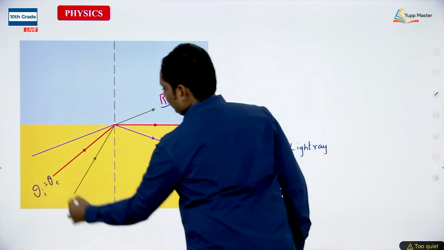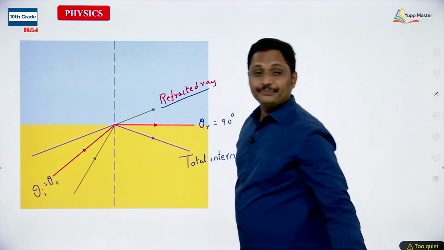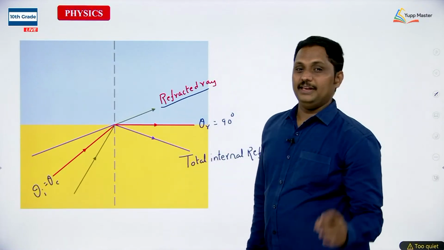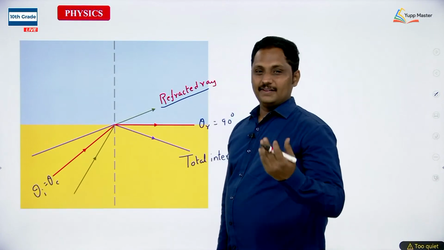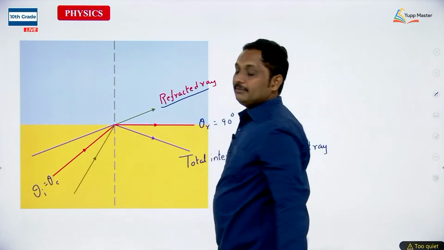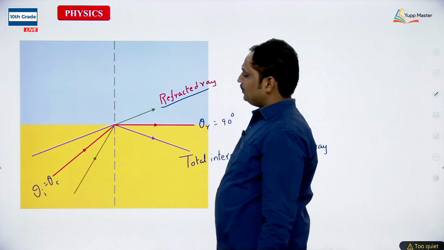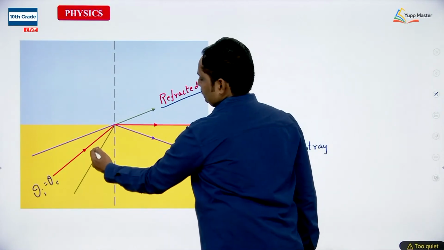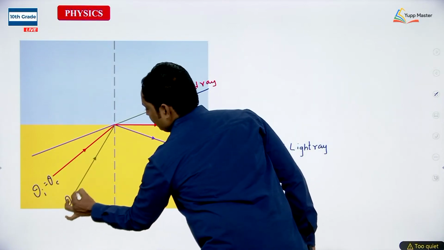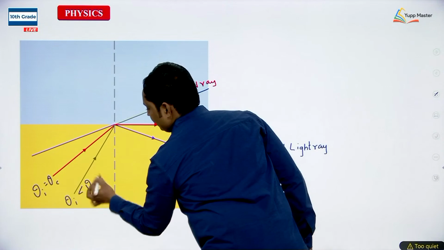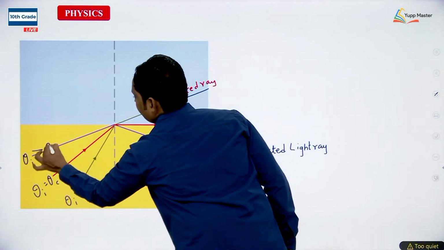In this case, just one line is making that one remarkable change, that is the red line which has been identified. Now, you take that first one. What happened? Theta I is less than theta c. Here theta I is greater than theta c.